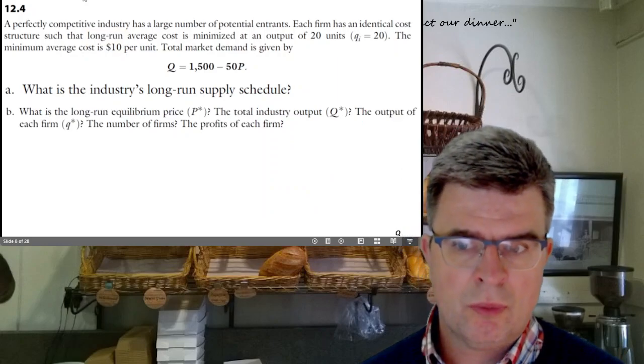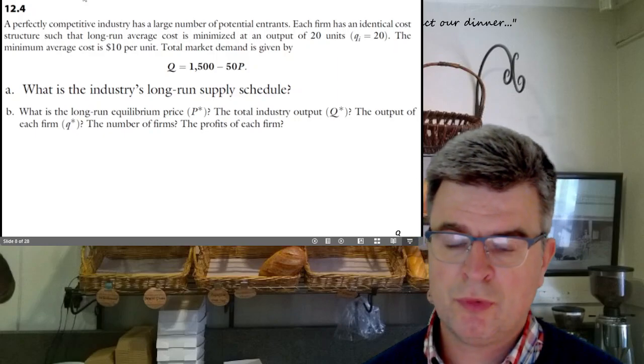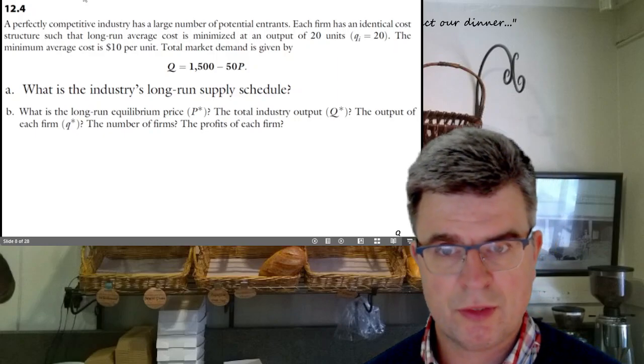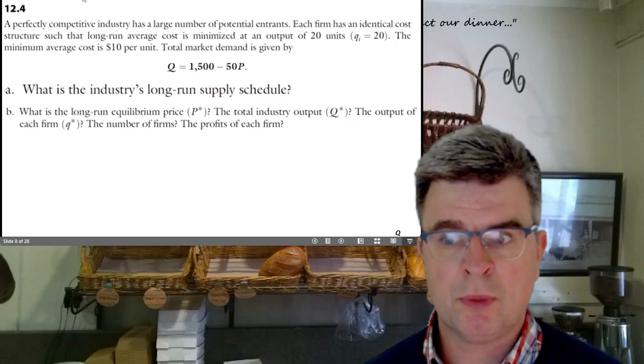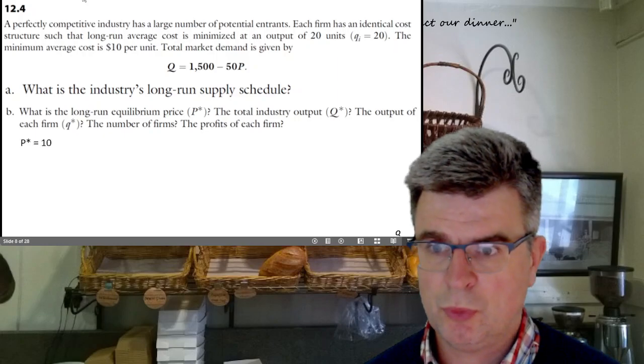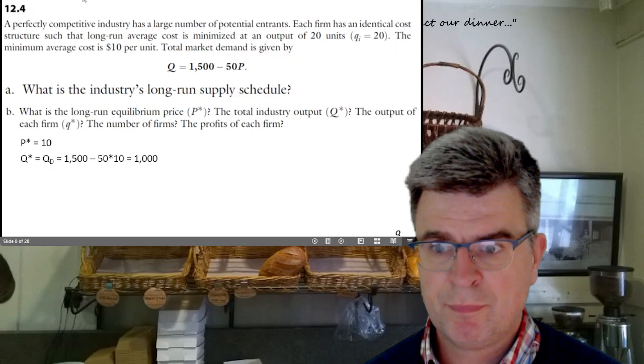So what is the long run equilibrium price, the total industry output Q star, the output of each firm, the number of firms, and the profits of each firm? Now we already know that the output of each firm is equal to 20. We also know that the equilibrium price is equal to 10.